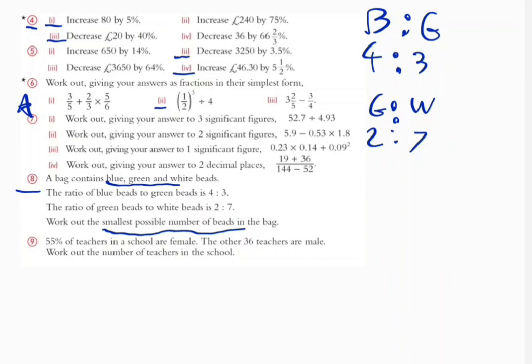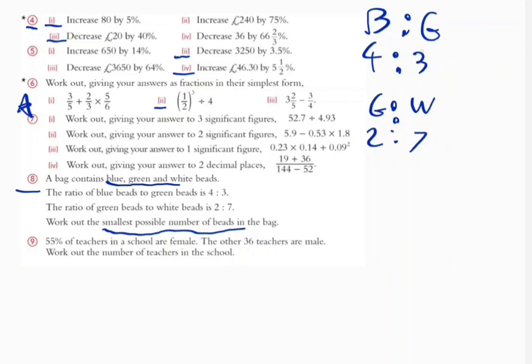The first thing we need to do in this question is make some adjustments to the ratios. As you can see, in both of the ratios we have been given, green is the common one. Whenever you have a common thing in both of the ratios, try to multiply both ratios by numbers so that those two common things are going to be equal.